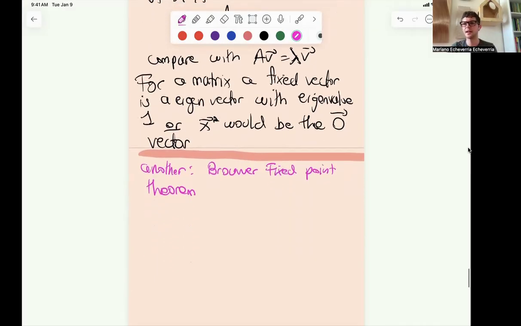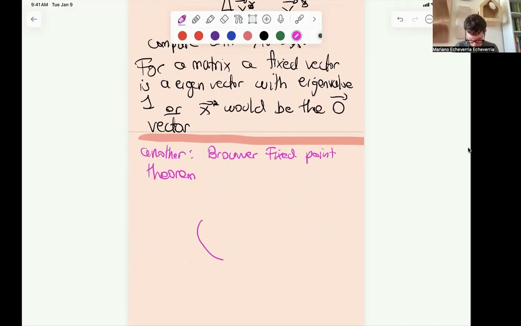which basically says, take a disk on the plane, for example. So imagine having a disk on the plane, a two-dimensional disk.